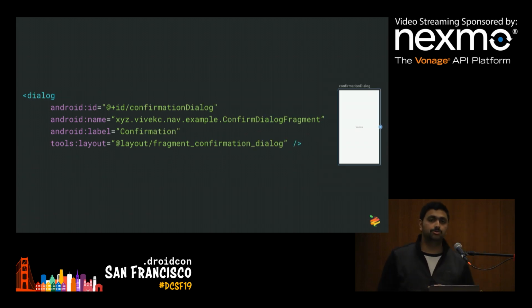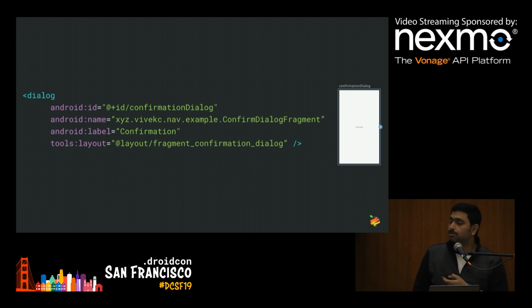And then dialogues. This is one of the features that was introduced in 2.1 and above. There is no support for dialogues or action dialogues. There is support for dialogue fragments alone. Whenever you navigate to a dialogue destination, the dialogue fragment shows up, and whenever you navigate out of the destination, the dialogue automatically closes.